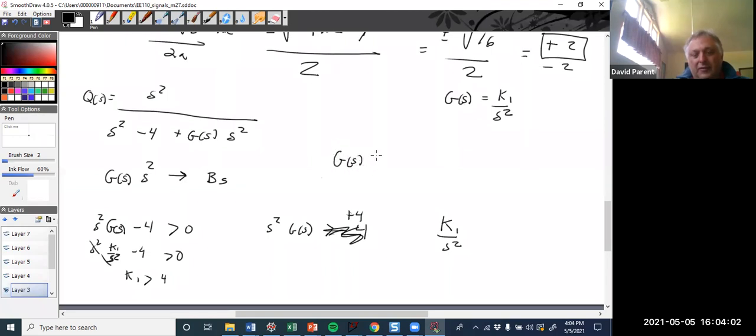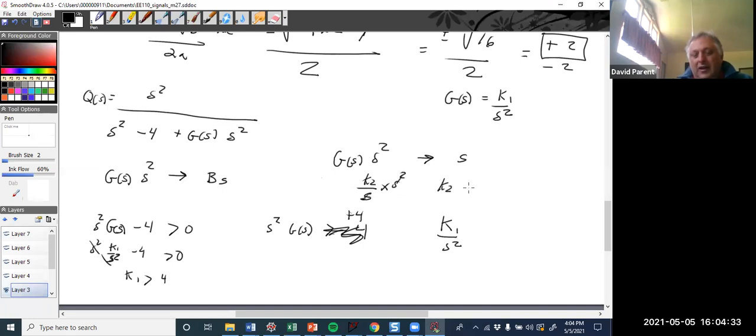G of S times S squared, right? Well, there's nothing there originally. It's not negative or positive, but we got to turn it into something times S, right? Well, what's going to convert this into something times S? Well, the only thing will be K2 divided by S times S squared, right?